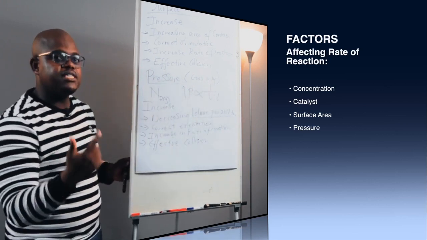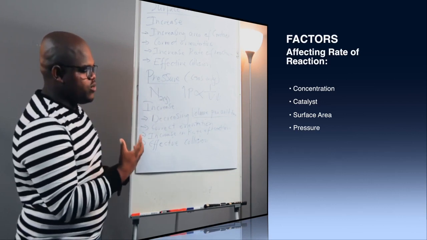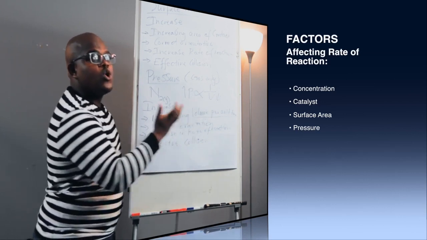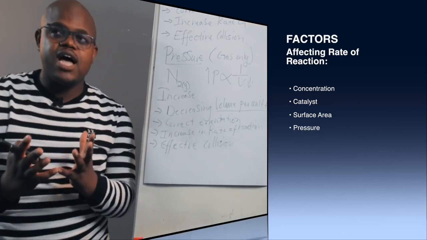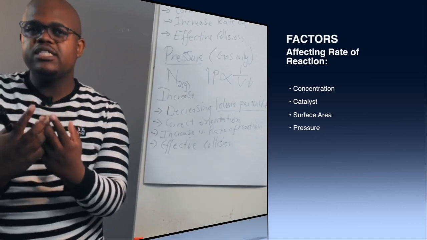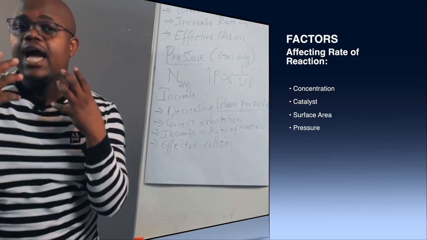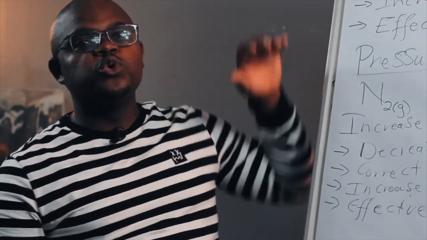The volume per unit time. If it decreases the volume per unit time, that means what? There will be an effective collision. Please make sure when you explain these factors, you use all these words, because all these words are there in your marking guidelines.